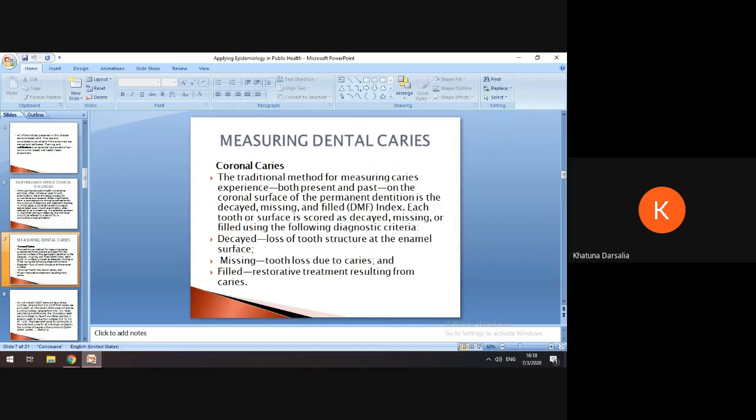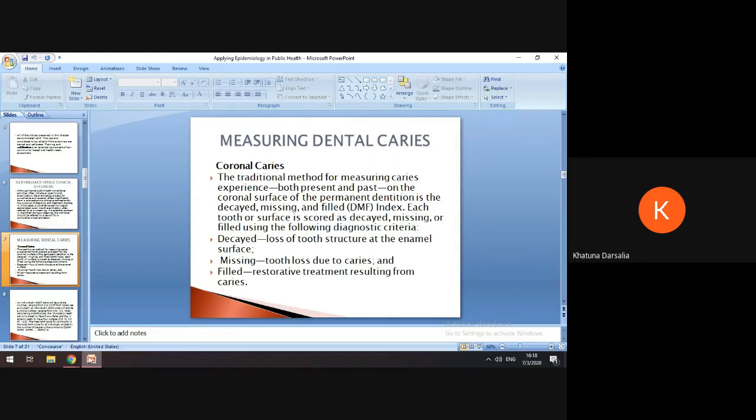After systematic evaluation using a mouth mirror and good light source, each tooth or surface is scored as decayed, missing, or filled using the following diagnostic criteria. Decayed: loss of tooth structure at the enamel surface.